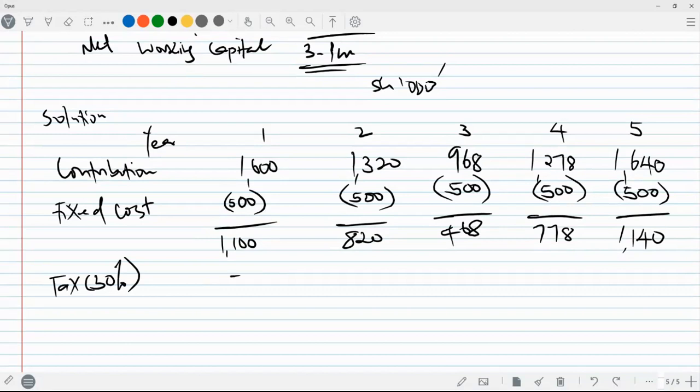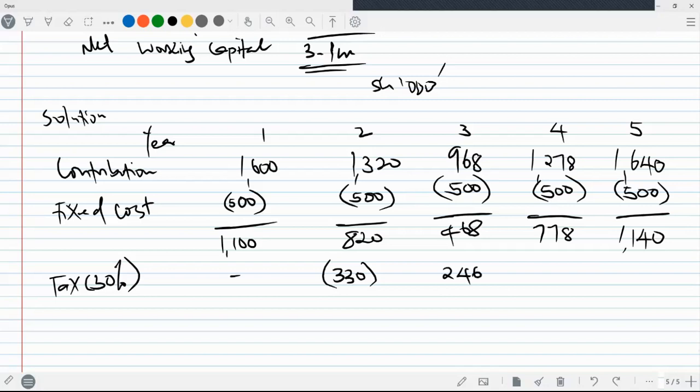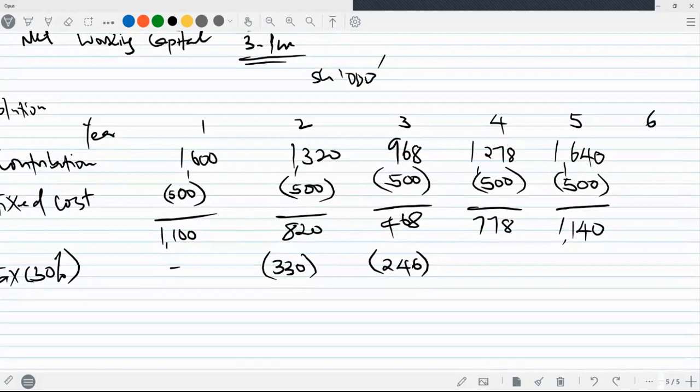So year 1 no tax payment, but in year 2 we pay 330. Year 3, we pay 246. Year 4, we pay 140.